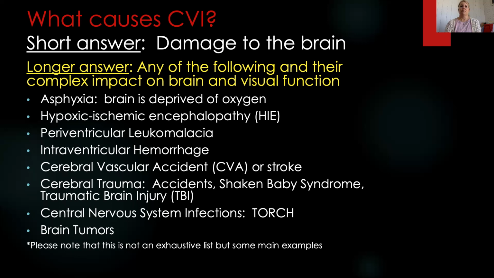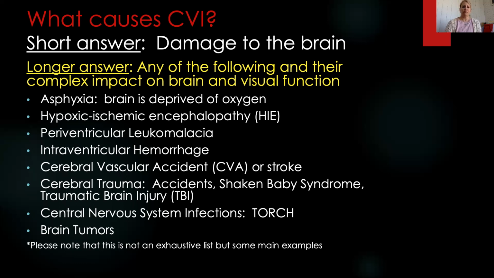Periventricular leukomalacia, I don't know if I'm pronouncing that right. Intraventricular hemorrhage, there again we're seeing bleeding. A cerebral vascular accident, or a CVA, otherwise known as a stroke, and this can happen at any age.